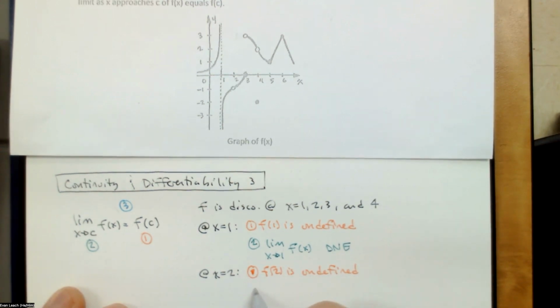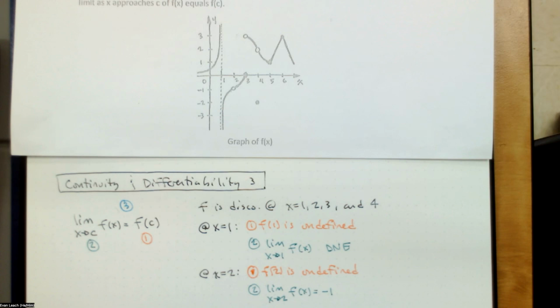So we can say that 2 is okay. The limit as x approaches 2 of f of x is equal to -1. But that first one, the function being undefined, means the function is discontinuous. The third one doesn't really apply since the function is not defined. There's nothing to make the comparison.